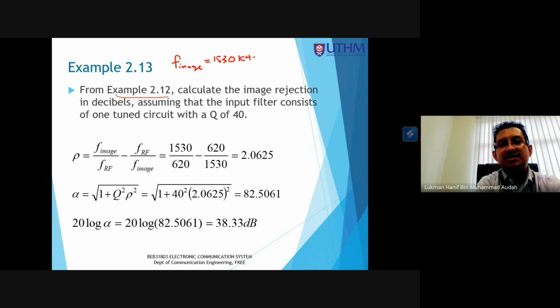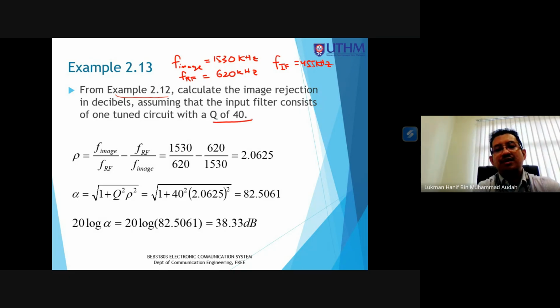We also know that the FRF is equal to 620 kilohertz, and the FIF equal to 455 kilohertz. And you are also given Q parameter equal to 40.